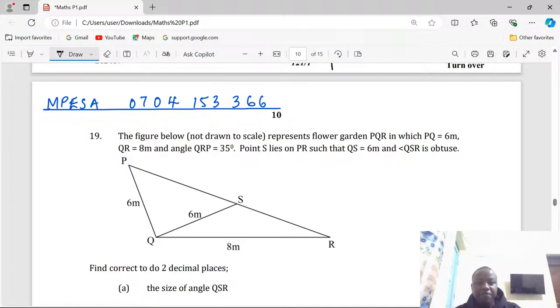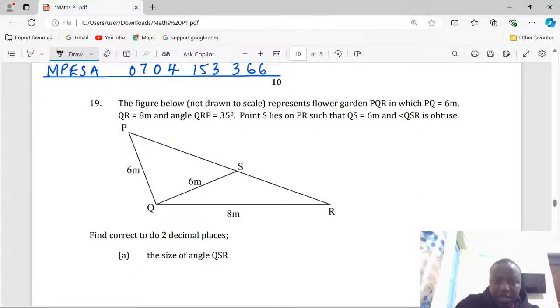Okay. The figure below, which is not drawn to scale, represents a flower garden, PQR, in which PQ equals 8 meters. As you can see, QR is 8 meters, and the angle QRP at this point is 35 degrees.